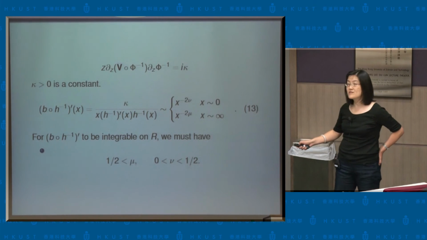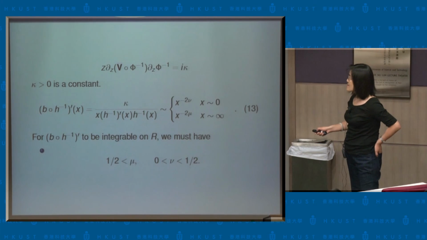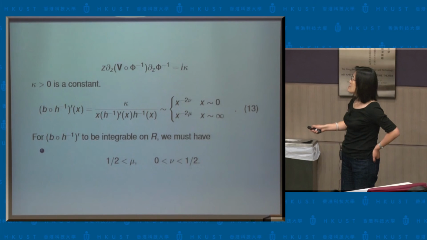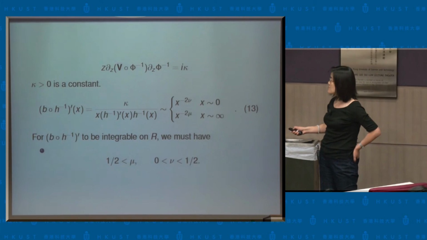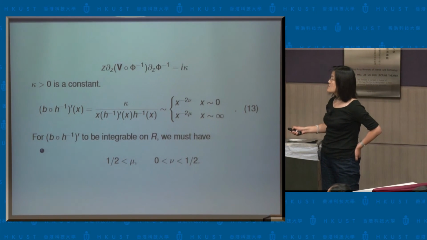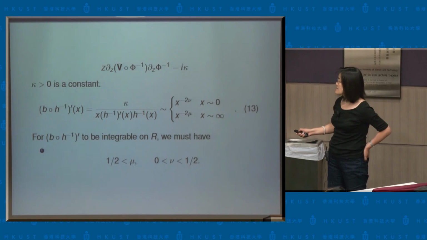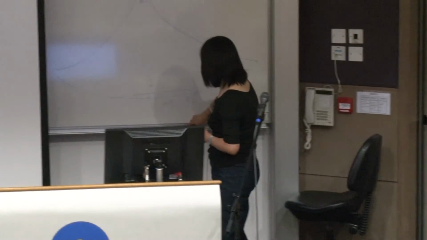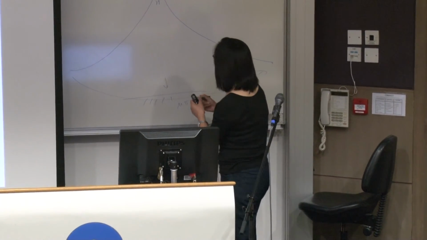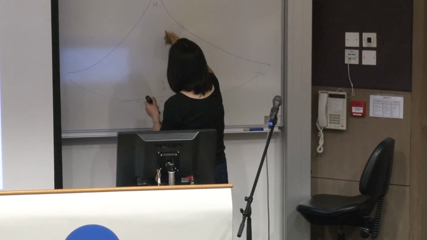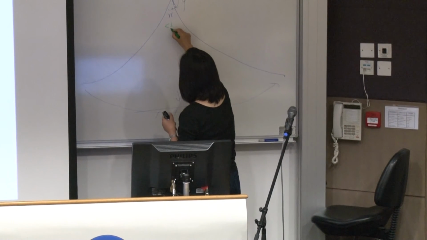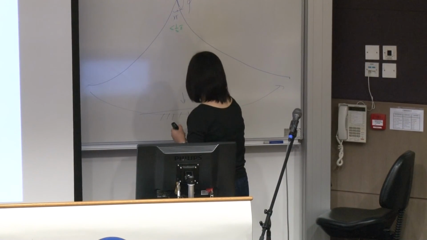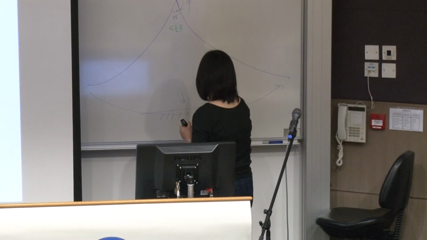So in other words, if there is a singularity of self-similar type due to the scaling law s equal to 1, then this angle has to be less than 90 degrees, and this angle has to be greater than 90 degrees.